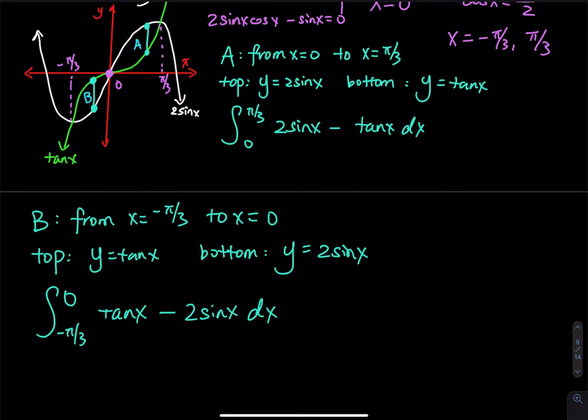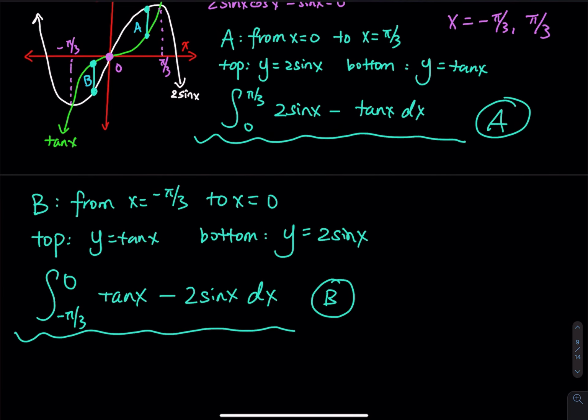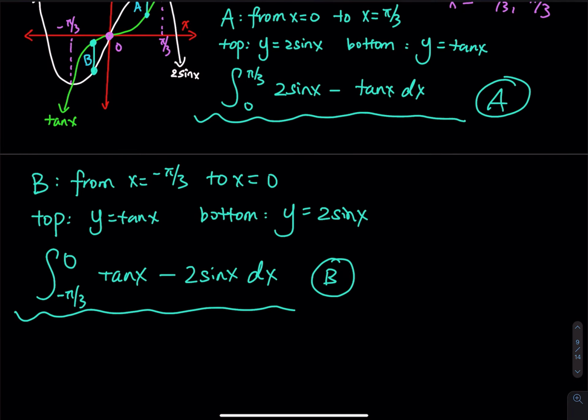So that is for region B, and then we have one for region A, right? So this is for region A, and then this is for region B. This is only if you are trying to show your work, but when you put a final answer, you have to add them. So the final answer, let's say I'm doing homework online, you have to add these two together.